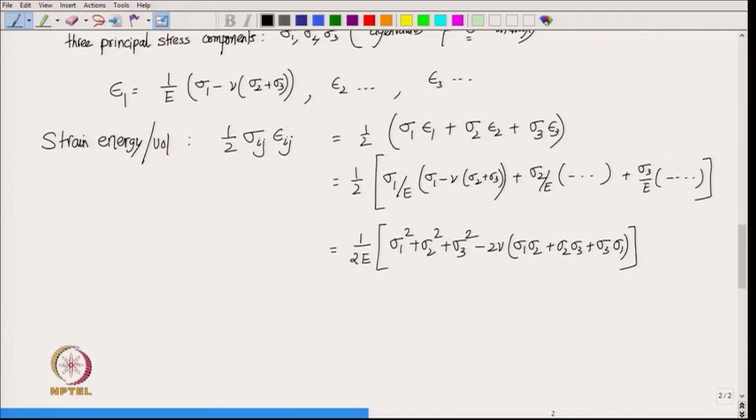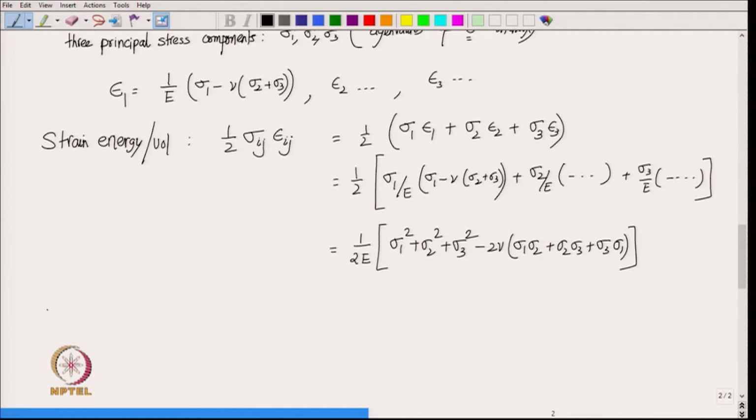We have to extract the distortional part of energy from here. So, you can recall that we had decomposed the stress matrix into hydrostatic part and the distortional part, likewise for the strain matrix also, is not it. So, how much would be the volumetric energy?